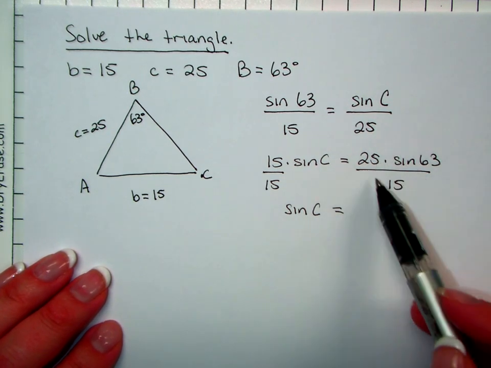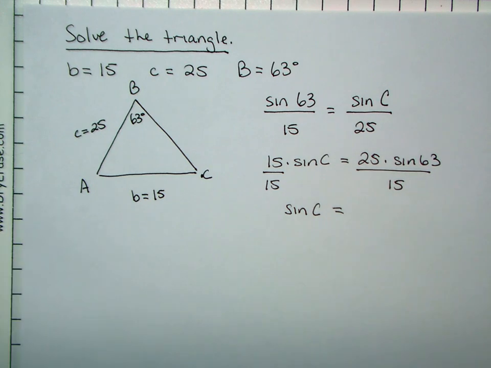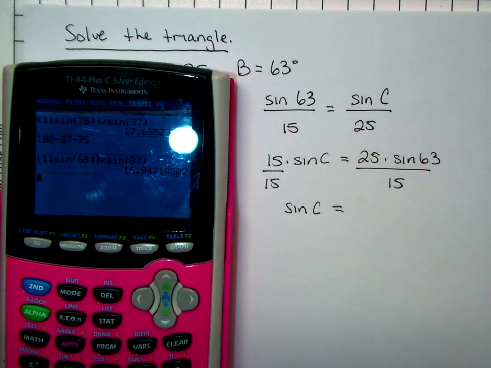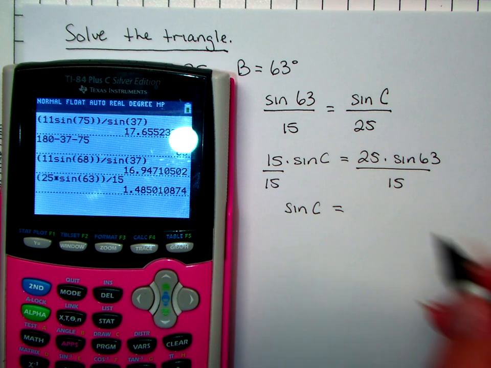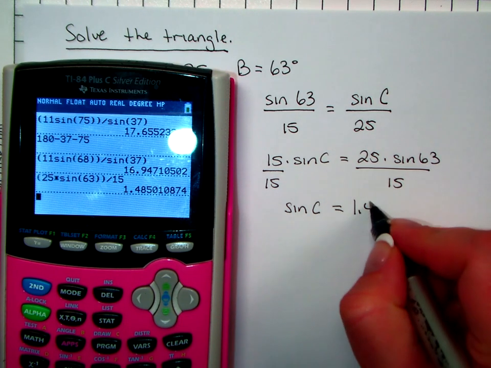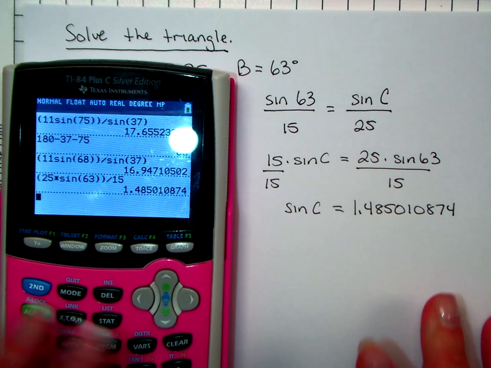I like to go ahead and find what this decimal is, because it's very telling, right? So I'm going to do 25 times sine of 63, and then we'll divide that by 15. And so I get 1.485010874. Okay, and I'm going to write all those down.